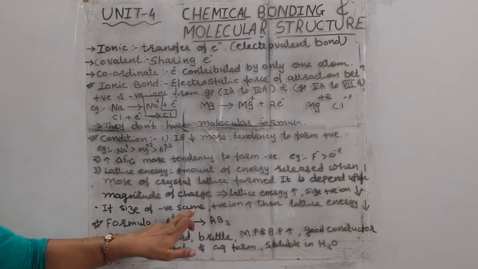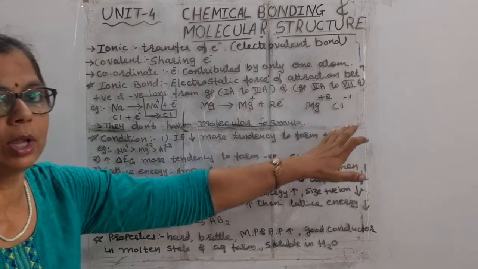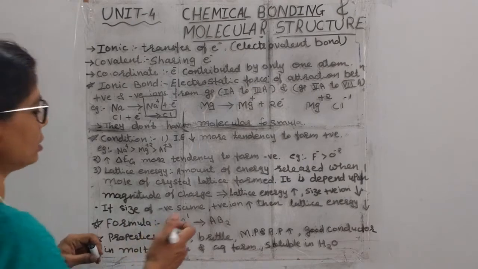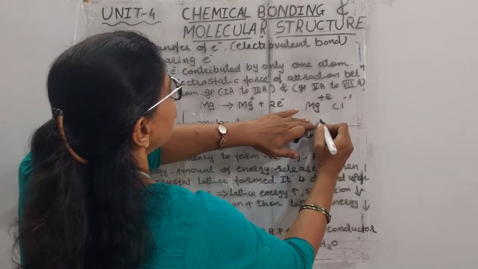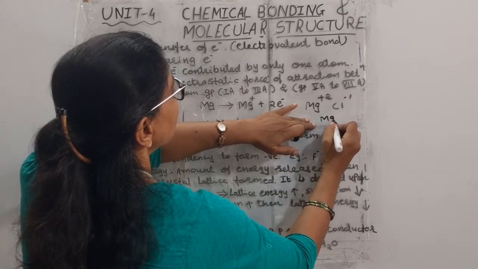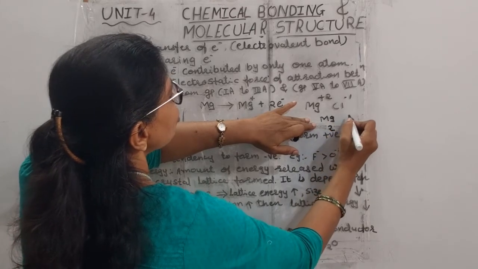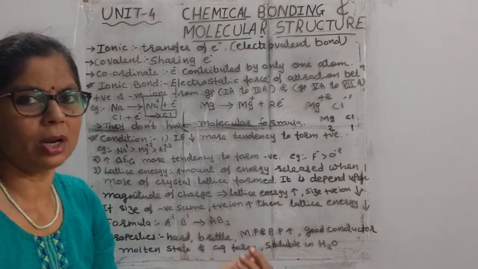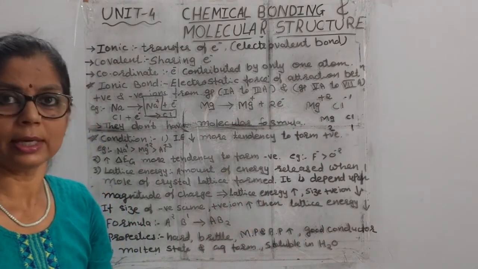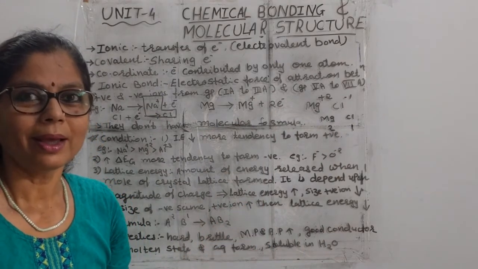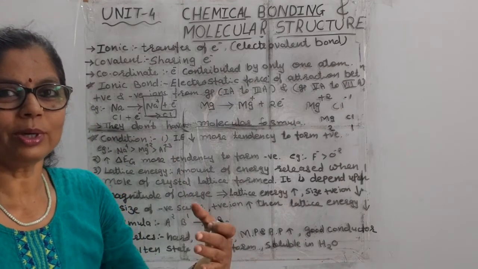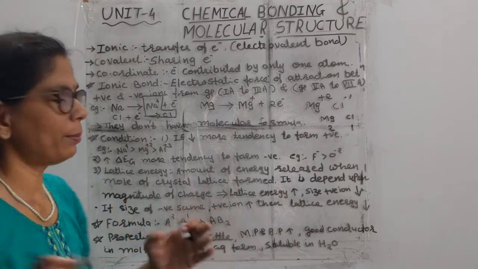Here I have given you the same way to write the formula: A2B1, where in place of element symbols I have taken A and B. So now what will you do? Here magnesium has the 2 charge and chlorine has the 1 charge. You have already studied this, students, in the 9th standard, but just to memorize and revise. It is very easy to remember.